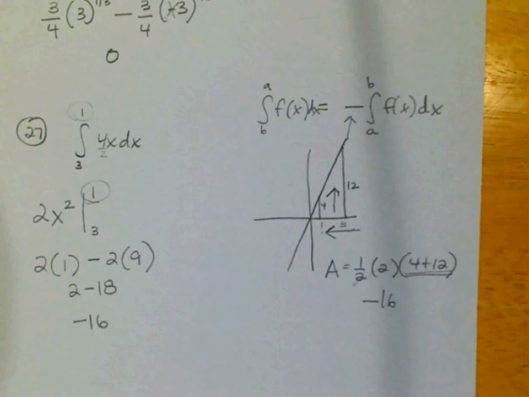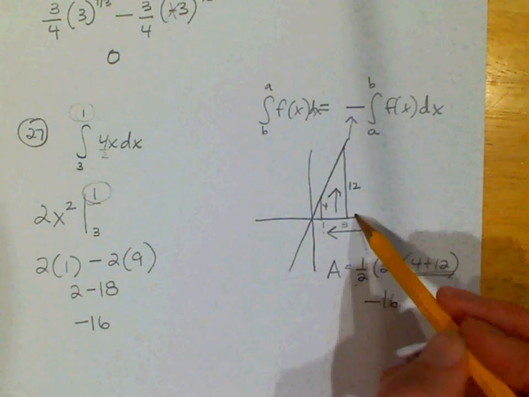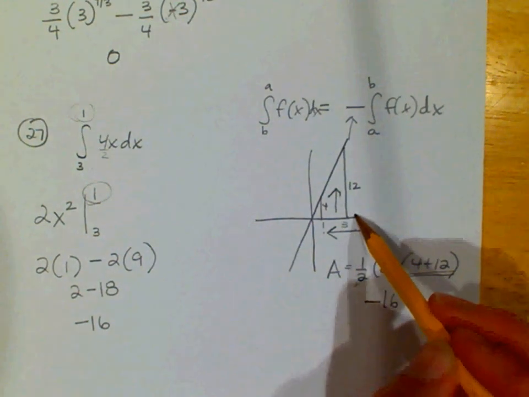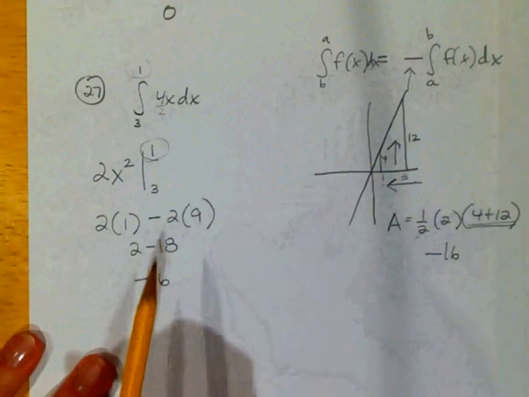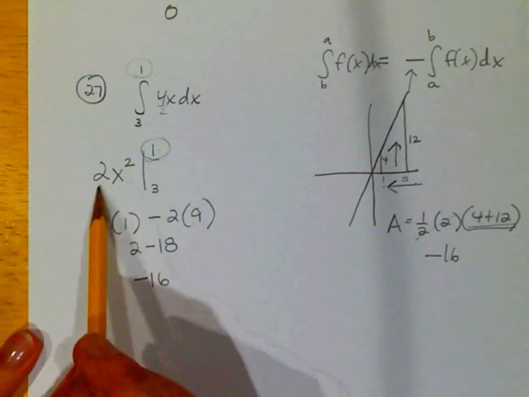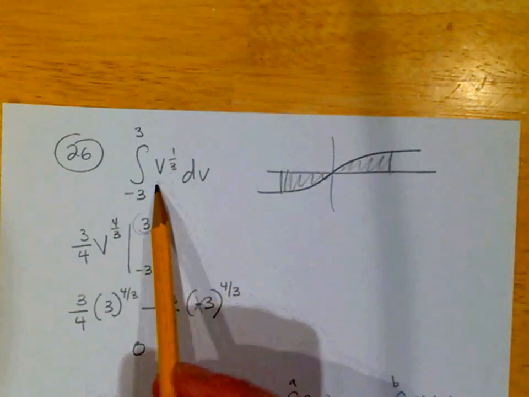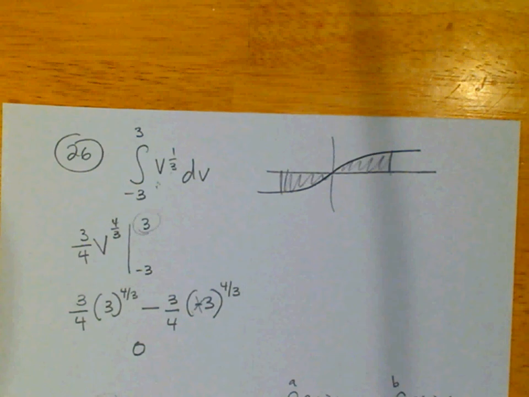So yay, it works. If you can think geometrically and you loved Chapter 8, if you want to continue doing Chapter 8, you can. Those of you who are more algebraic in your thinking and analytical, then why don't you go ahead and take the antiderivative. But sometimes you have to take the antiderivative. Okay, I wish there was a way out. There's not. Okay, so let's finish these up.